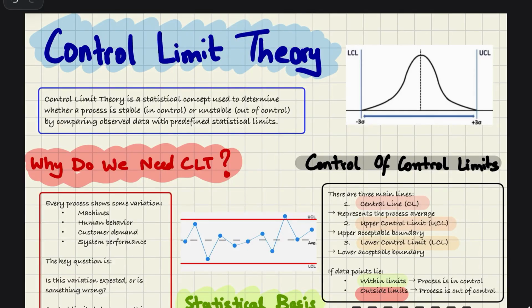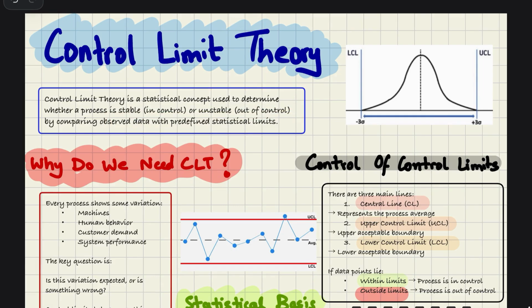Once we understand the normal distribution of a sample, we can use control limit theory to keep the business processes stable. So what is the core concept? Control limit theory is a statistical concept used to determine whether the process is stable, whether it is in control or out of control, by comparing the observed data with predefined statistical limits.